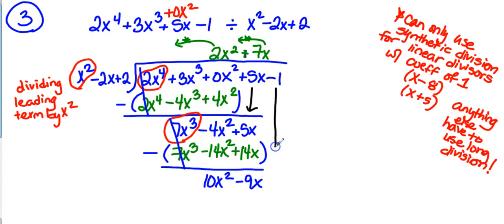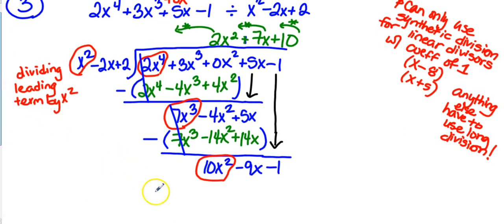Drop the next term. That's my last term that can be dropped, so I know that after this step, I'm done. We've got one more leading term to work with. x squared times what is 10x squared? Answer, positive 10. Multiply that through, and we get 10x squared minus 20x plus 20.